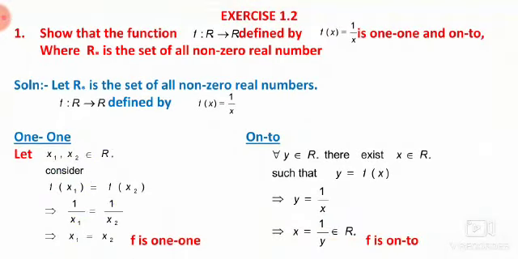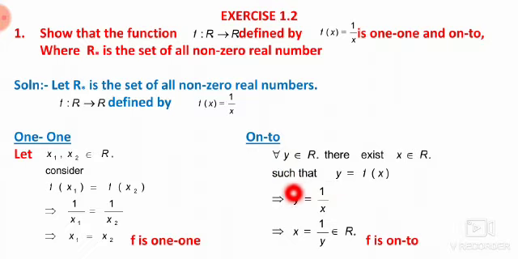Now, let me show the function is onto. To show that the function is onto, let me start with the elements from the codomain set. In this problem, the domain and codomain sets are the same. For all y belonging to R star, which is the codomain, there exists its pre-image x belonging to R star, where x belongs to the domain and y belongs to the codomain, such that y is equal to f of x.